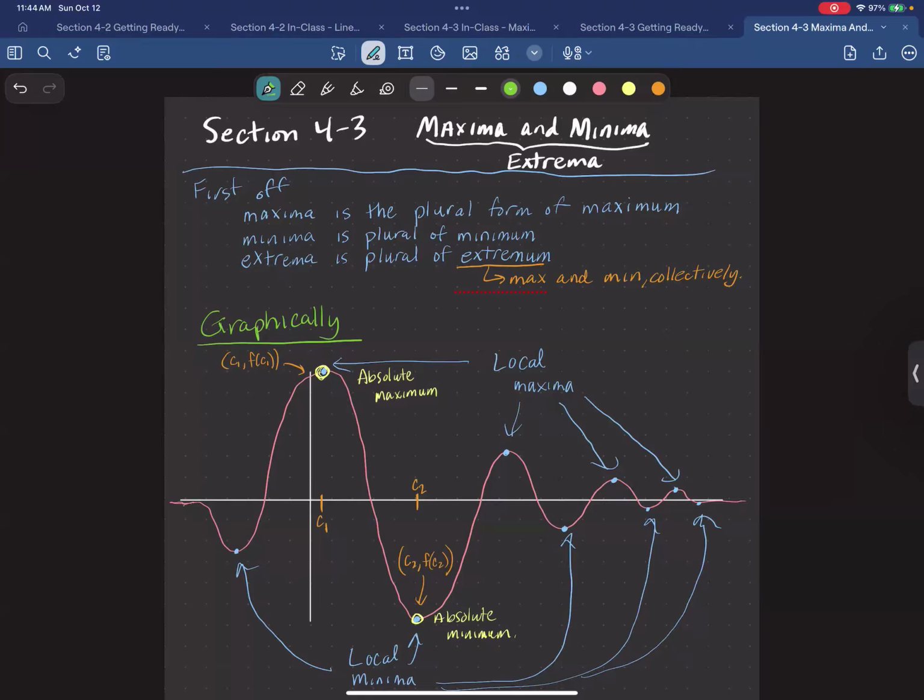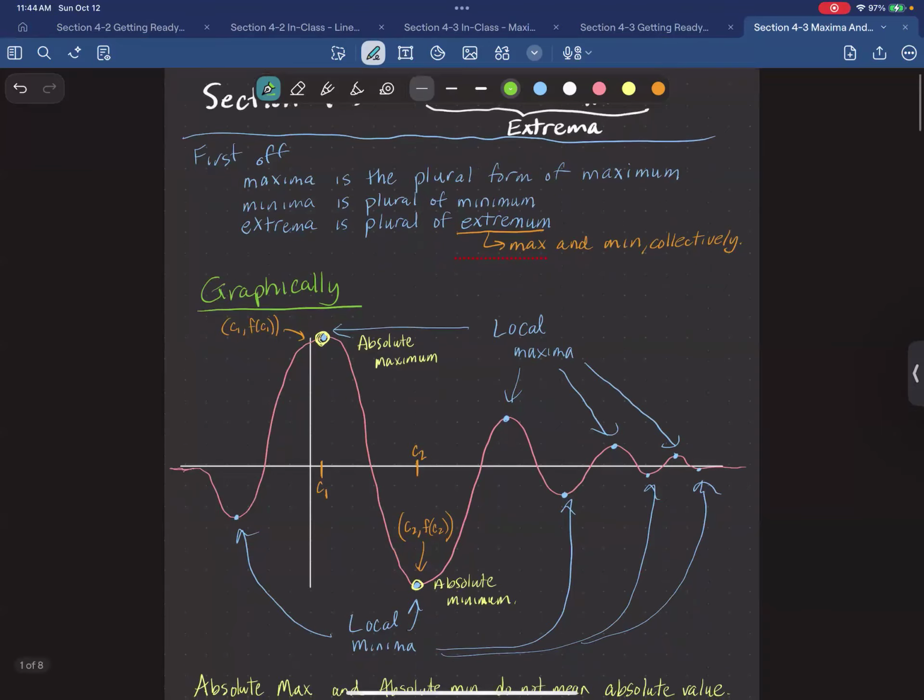So let's look at it graphically. I think this is the easiest way to get an understanding of what's going on. Let's say I have this crazy function here in the peach color. Everywhere that there is a mountaintop or a cusp, we have a maxima.